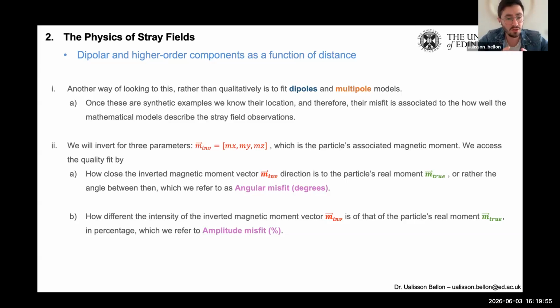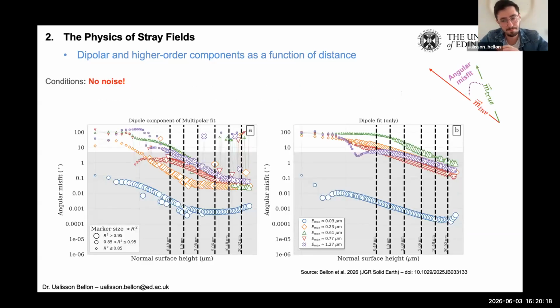We can evaluate how good the fit is and how well our models explain the data by looking at the angular misfit, which is the angle between the inverted and the true moment, or the amplitude misfit, which is the difference in the intensity of these two moments.